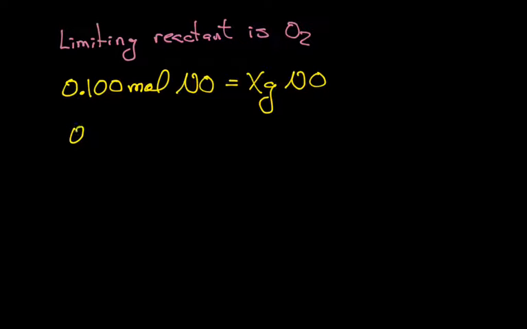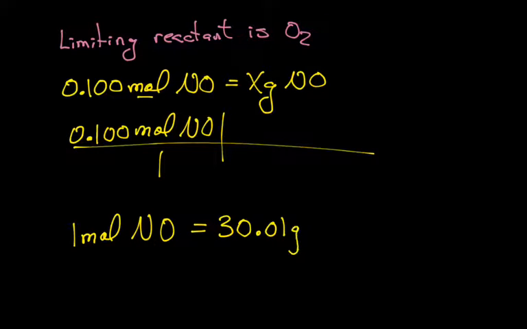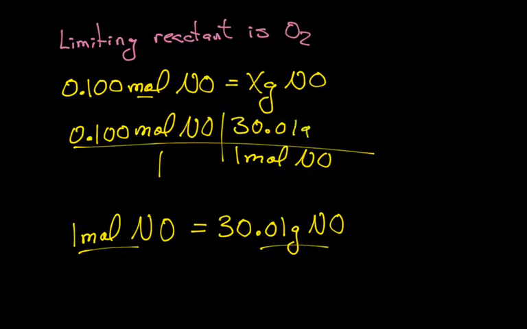So write our grid. And then we need an equality that has the units mole and grams in it. And that would be 1 mole NO equals 30.01 grams NO. We set this up in the grid, one in each spot, setting it up so that units cancel out, and this time moles goes on the bottom, and 30.01 grams goes on the top, moles cross out.